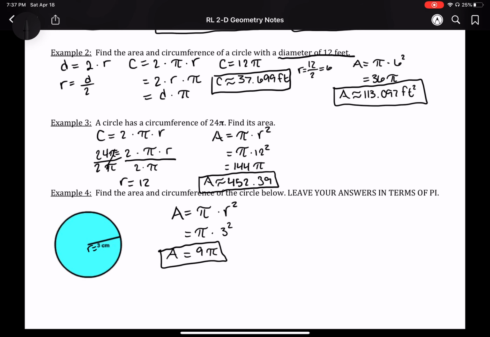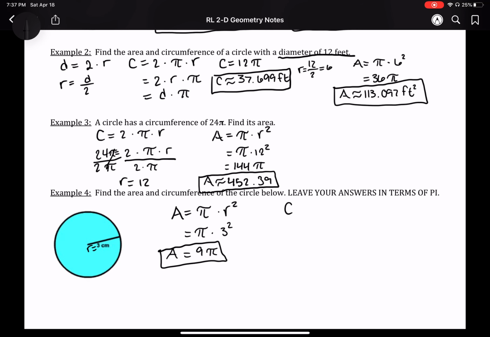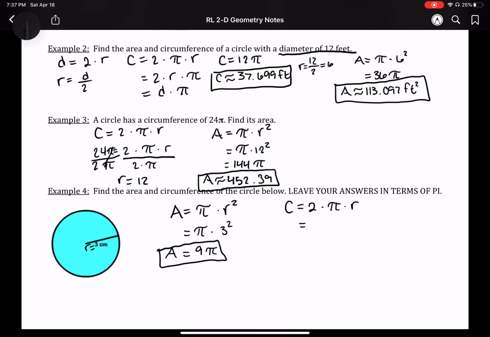Now I'm going to go ahead and find my circumference. Circumference is equal to 2 times pi times r. I'm going to plug my radius in. 2 times pi times 3 is what we now have. 3 times 2 is equal to 6. So when I write this in terms of pi, C is equal to 6 pi.